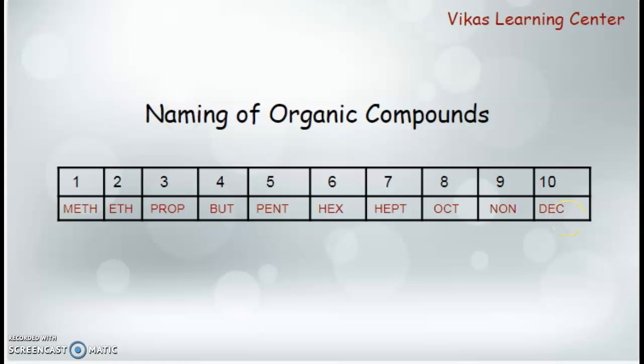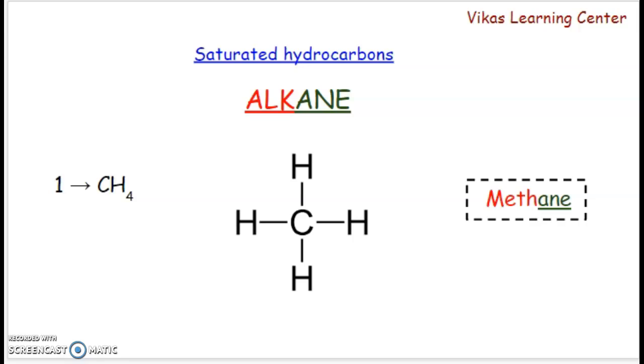So now let's learn about the saturated hydrocarbons. Alkanes are the saturated hydrocarbons. When you consider only one carbon atom, you notice that this one carbon atom is satisfying its tetravalency by single covalently bonding with 4 hydrogen atoms, and thereby the formula goes as C1H4.